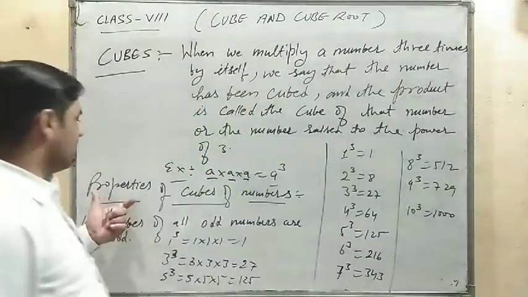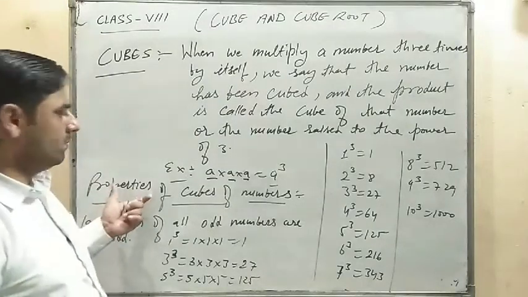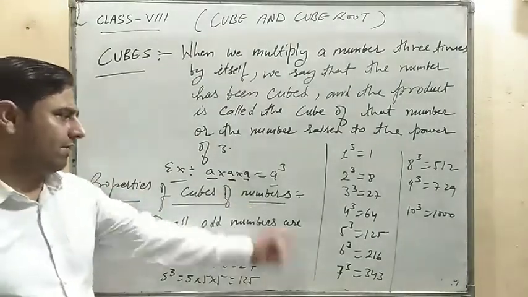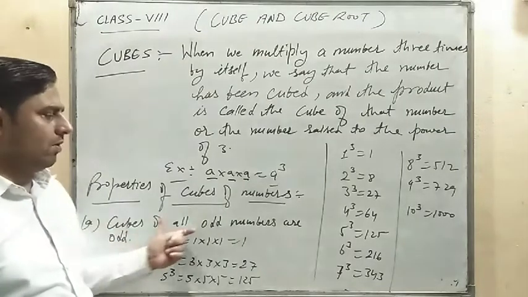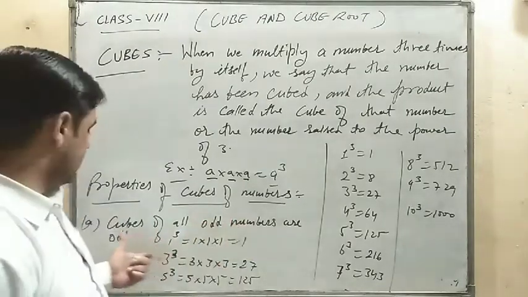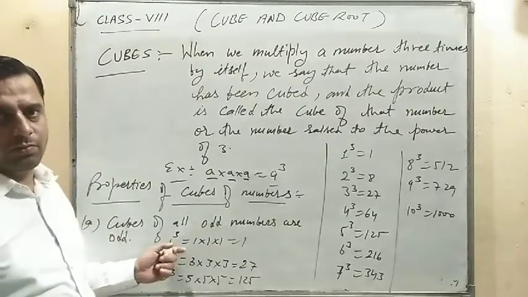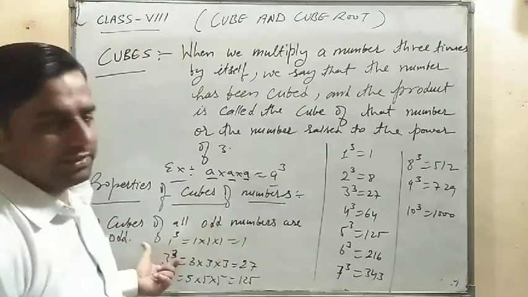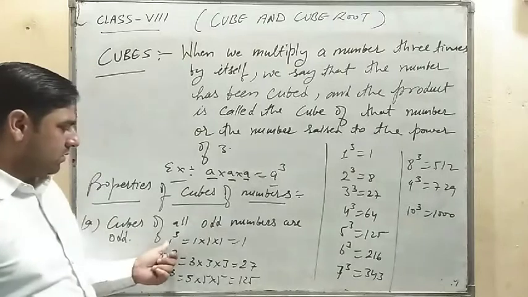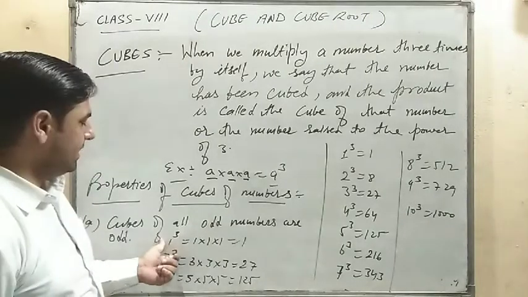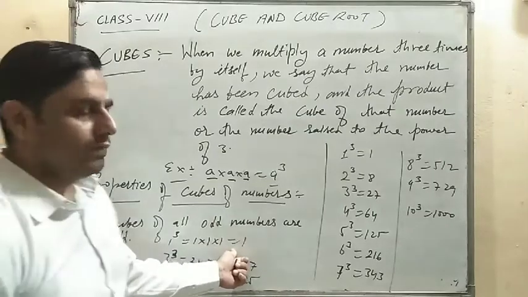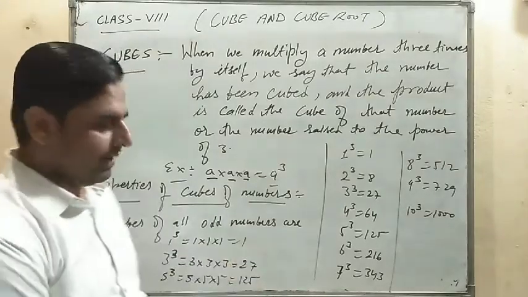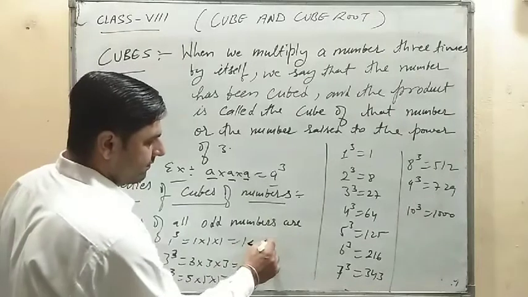Now I am going to discuss with you properties of cube of numbers. The first property is: cube of all odd numbers are odd. How is it possible? Let's see. Cube of 1 is equal to 1 into 1 into 1, that is 1. 1 is odd.